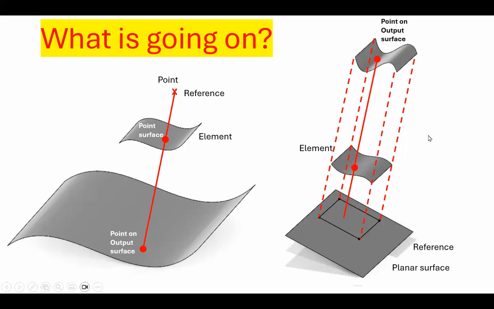In other words, every point on the surface is extended along the projection direction by a factor that you specify, and you end up with another surface up here. So that's what's really going on, and I'll do several examples to clarify that.